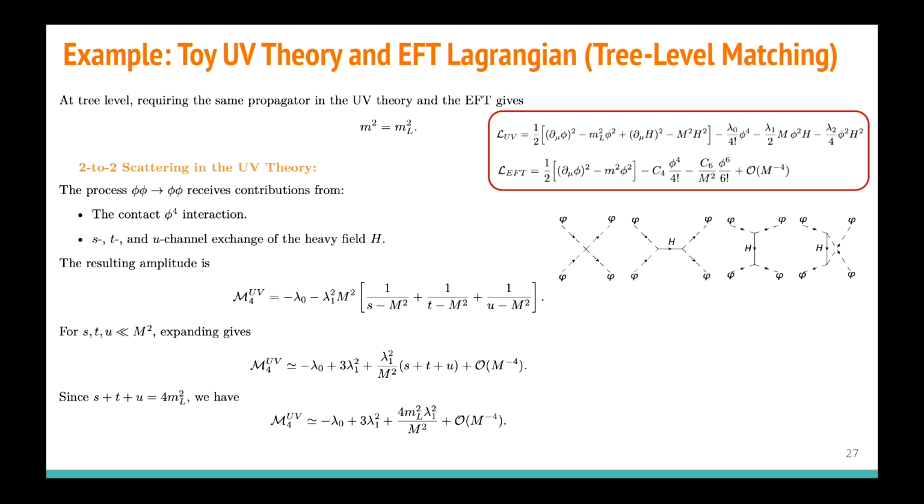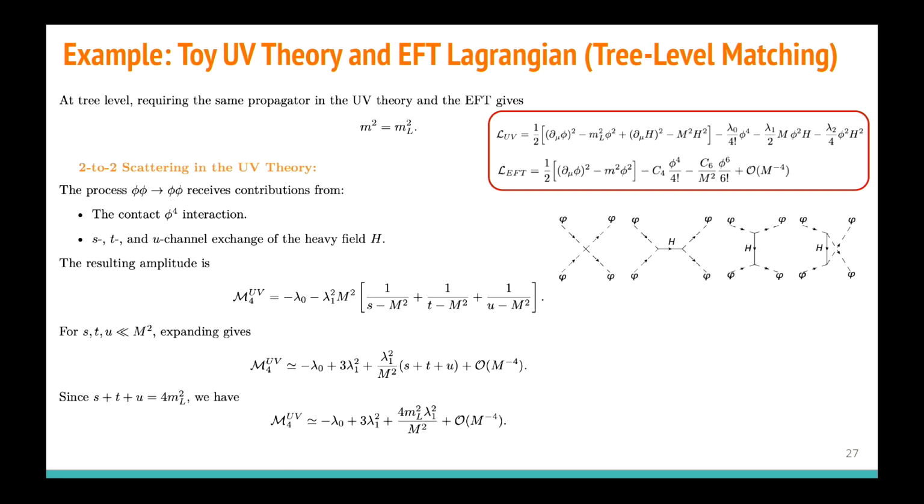We flip the sign, take plus lambda 1 squared m squared, so it becomes m squared minus S, m squared minus T and m squared minus U. I take out m squared, so it is 1 minus S by m squared, 1 minus T by m squared, 1 minus U by m squared, and through binomial expansion I get a 3 term from here, 1 plus 1 plus 1, and then we also have S plus T plus U. And S plus T plus U, you have done it in your particle physics course, it's 4 m squared.